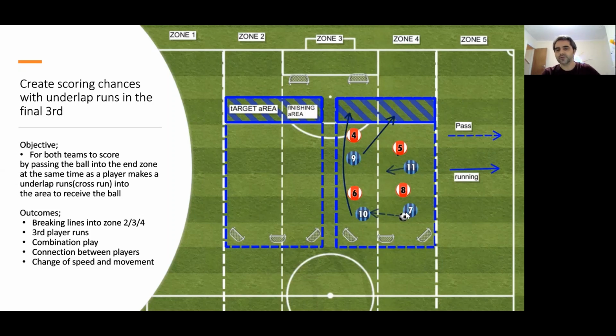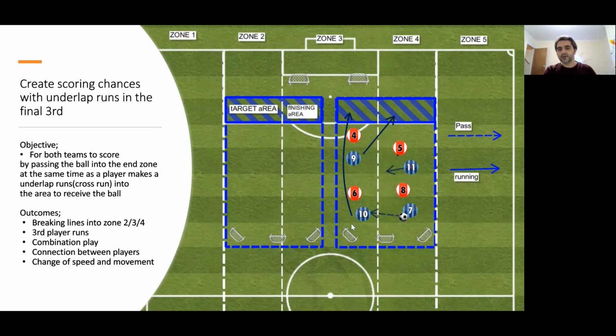The simple aim is to try to put the ball in the end zone and finish it into a small goal. The defender team's aim is, when they gain the ball, to try to put the ball into one of the small goals. This also helps us work on transition, because when we lose the ball, we need to react to gain it back.